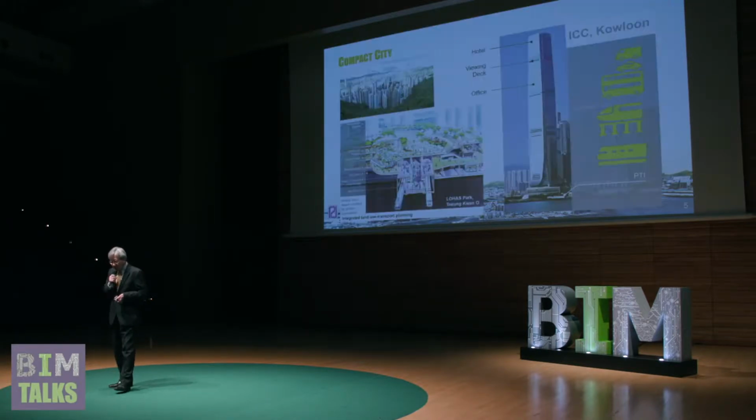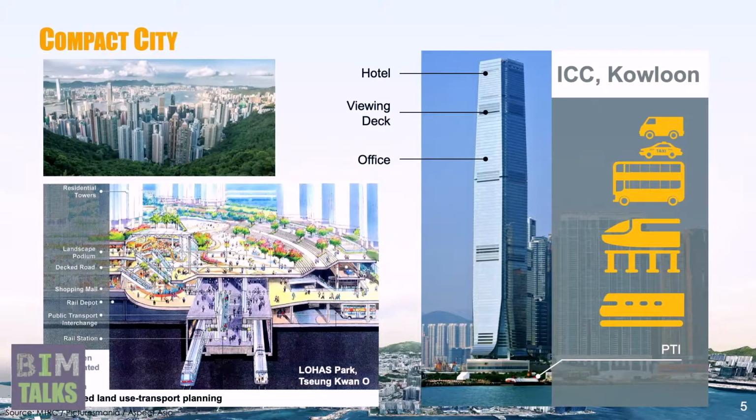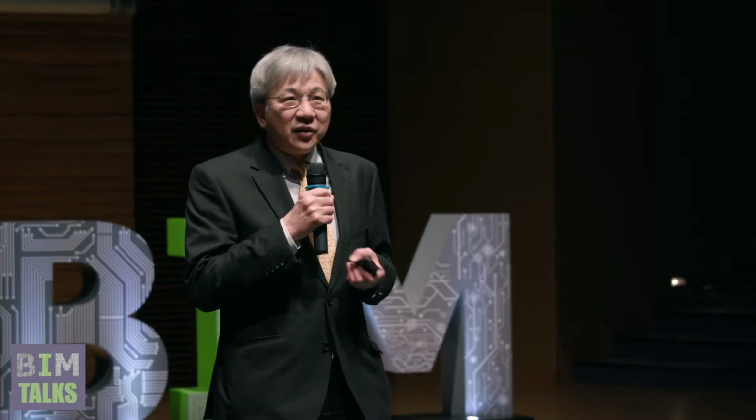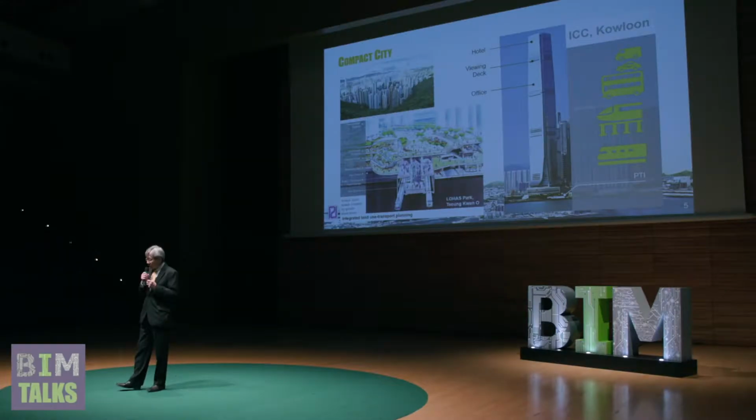Okay, so think about Hong Kong. How can we enjoy a smart, green, and resilient city? But in the development field, as an architect or a planner, you face this. Think about ICC again. It is what we call a vertical city. In the basement, you have the high-speed rail terminal, bus terminus, MTR, and cross-boundary tourist bus.